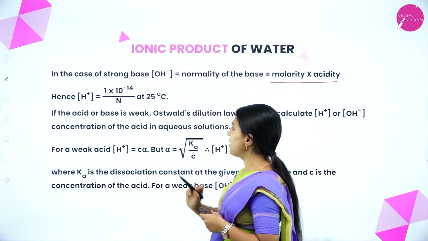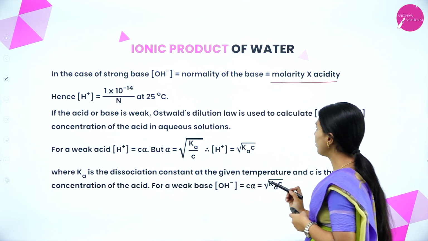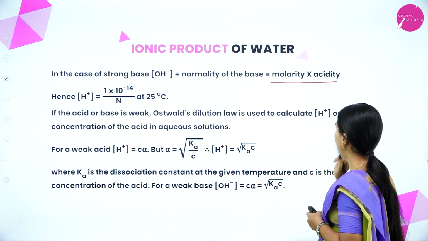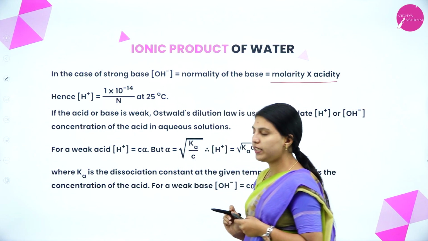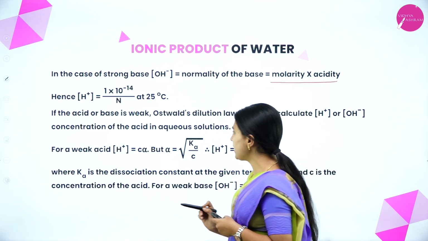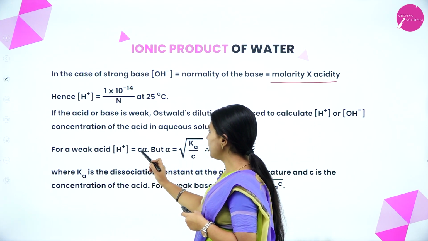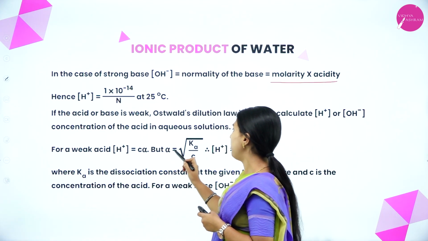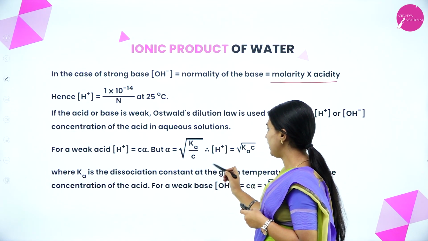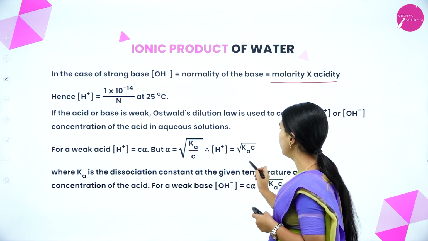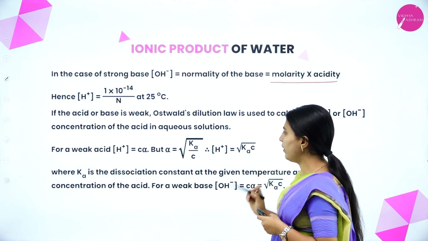If the acid or base is weak, Ostwald's dilution law is used to calculate H plus or OH minus, or the concentration of the acid in aqueous solution. For weak acid, concentration of H plus equals C alpha, but alpha is equal to root of Ka by C. Therefore, H plus equals root of KaC.